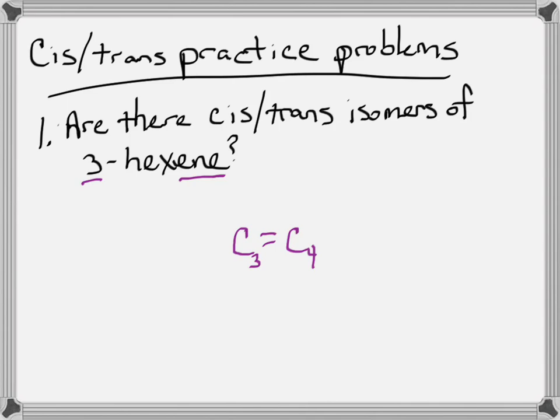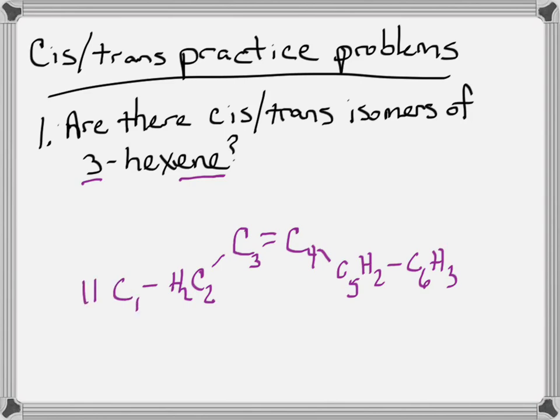Now I'm going to add in my other carbons as well, and I'm going to do it in a kind of weird way, because I like the double bond to look sort of like an X when I'm looking at cis-trans problems. It just helps me a lot. So I'm going to draw carbon 5, H2, and carbon 6 on that end. Then I'm going to have carbon 2, and carbon 1 would be way out here.